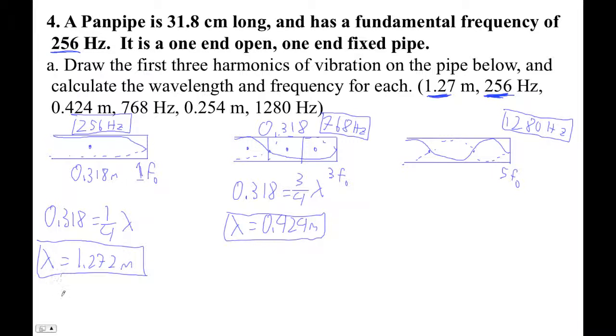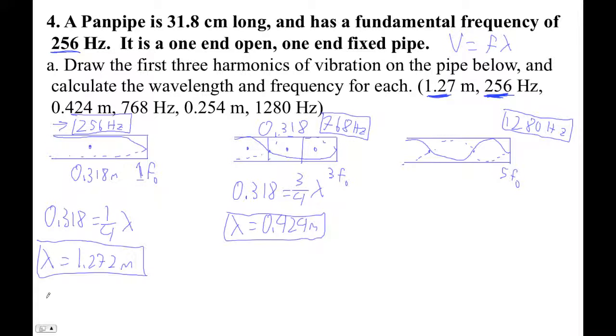So one way to do this is, obviously we haven't figured out the speed yet, right? In all the other ones, we use this formula, v is f lambda, to find the frequency, right? But we don't know the wave speed here. But can't we calculate it? We've got the frequency there, and we've got the lambda there. So let's do it.